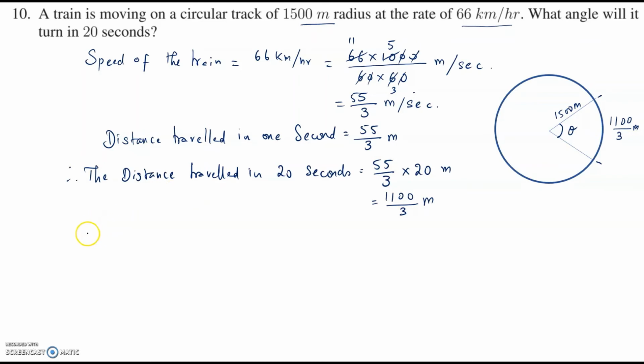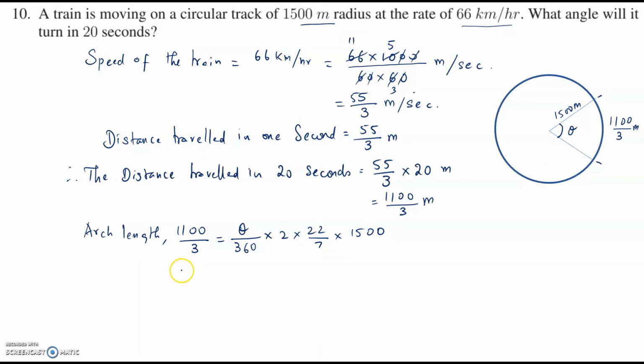So the arc length, which is 1100 divided by 3, is equal to theta, this angle theta here, divided by 360 into 2 into pi, which will be 22 by 7 into r, the radius, which is 1500.